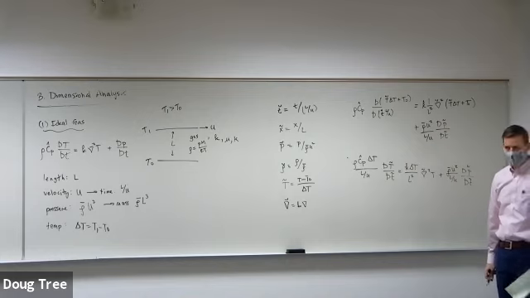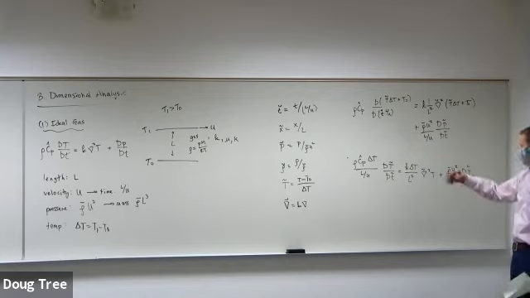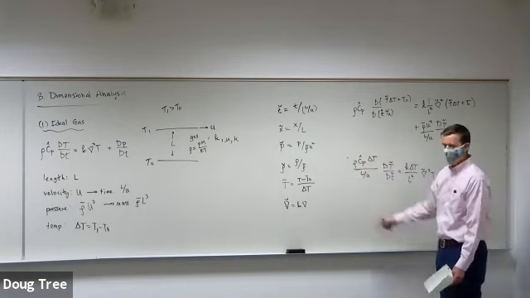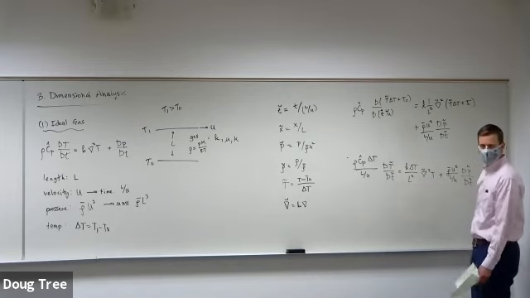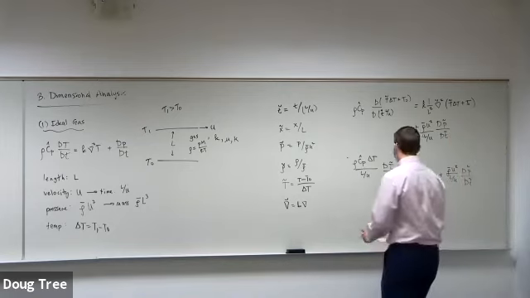Okay. So now I pulled out all the dimensions. Now I just need to divide by the term right there, and I can have a dimensionless variable here and a dimensionless variable here. So let's look at what that is.